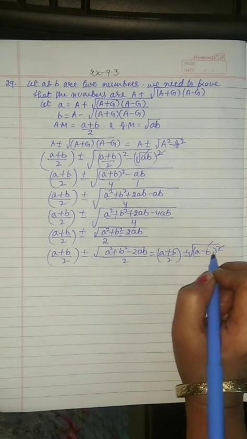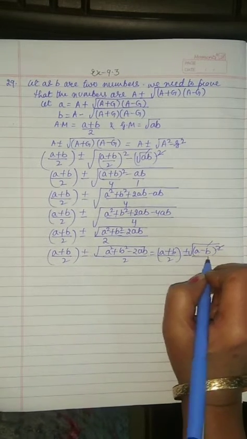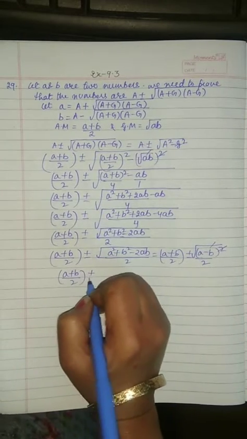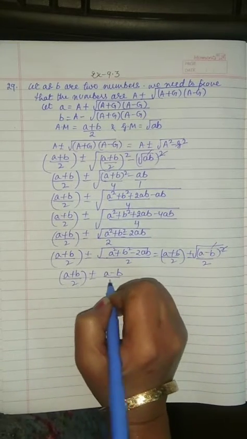So square and under root will be cancelled. We are left with (a plus b) by 2 plus minus (a minus b) by 2.